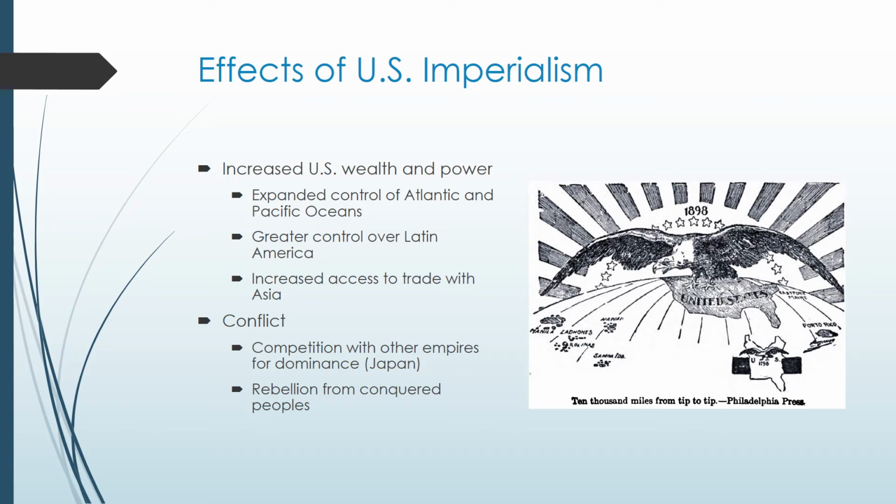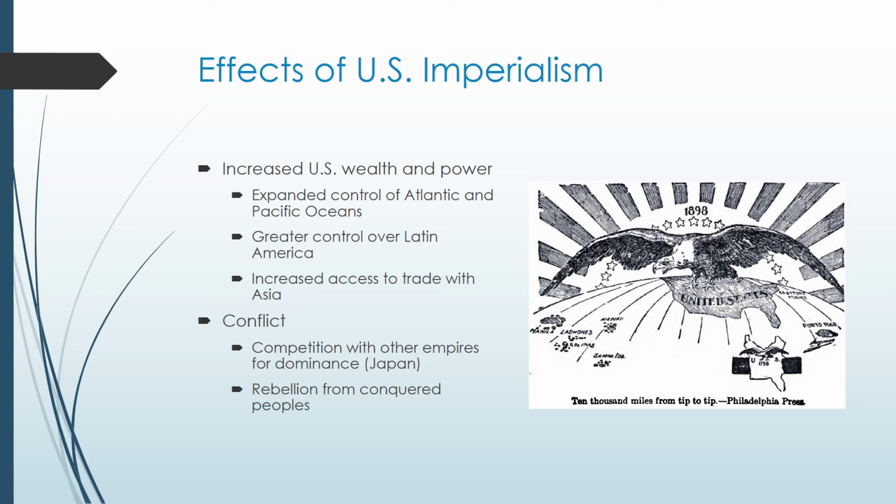So let's take a moment to consider the effects of all of these different imperial policies. So first of all, this definitely increases U.S. wealth and power. It allows the United States to expand control into both the Atlantic and Pacific Oceans. We have a powerful Navy. We have island bases all over the place where we can refuel our steam warships with coal.